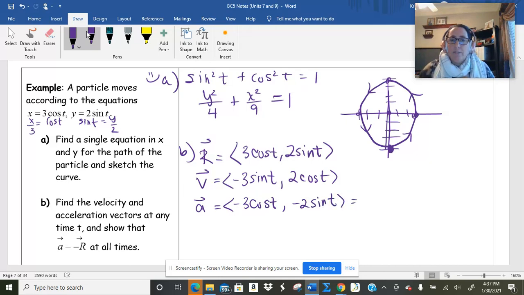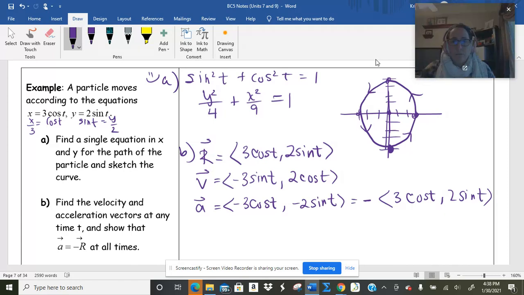And here I can pull out the scalar of this negative and see that the acceleration vector is always opposite of the position vector, which is what part B wanted us to show.